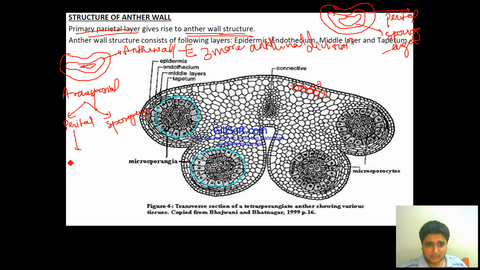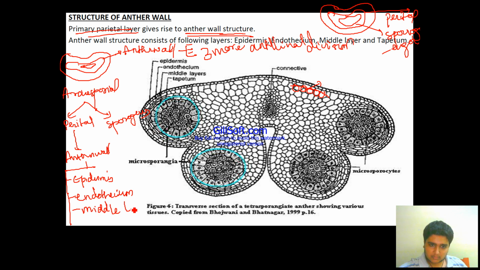The parietal layer forms the anther wall, and in order to do so, it differentiates into 4 kinds of layers, which is the epidermis, endothecium, middle layer, middle layer is, it can be single or multiple middle layers, and then there is tapetum.